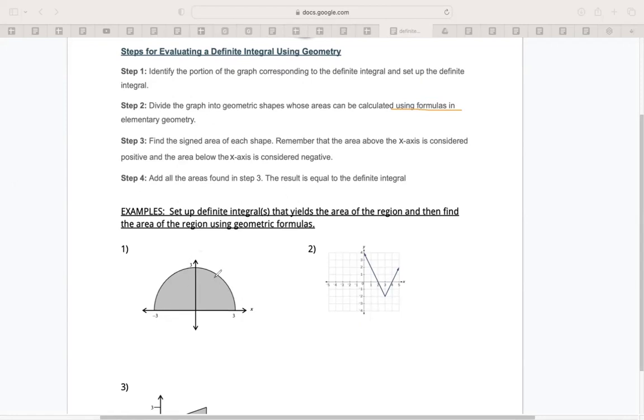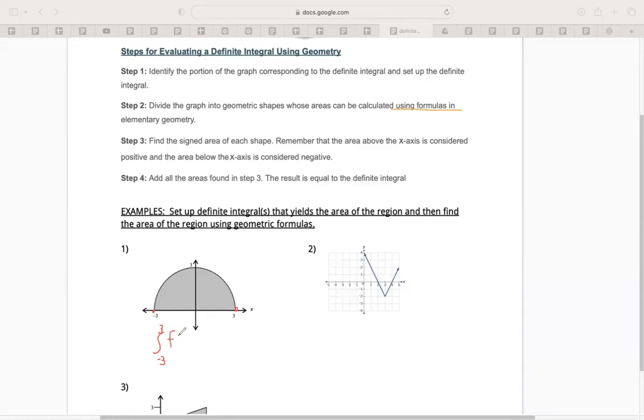So this is what I'm finding, this colorful region here, and I'm finding it from -3 to 3. When I set up my definite integral, we're going to use the integral sign. And if you remember, at the top and the bottom are going to be your bounds. So the top bound is the +3 and the lower bound is -3. So we're finding the area of this region from 3 to -3. That's what this is indicating.